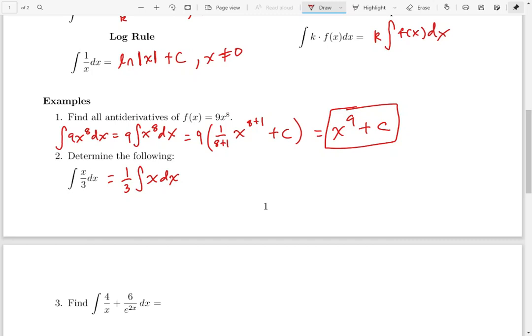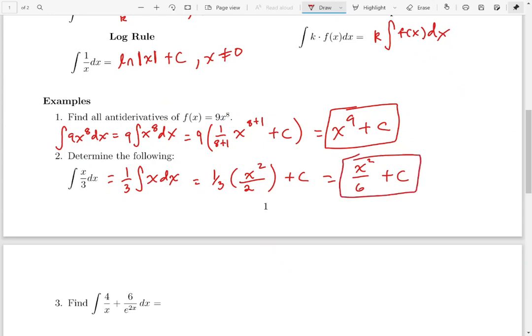And so then we can use the general power rule because r is not -1, and so that's going to give us 1/3 times x to the 2nd divided by 1 plus 1, or 2, of course plus some constant c. And so this simplified is x squared over 6 plus any constant c. And so those are all of our antiderivatives.